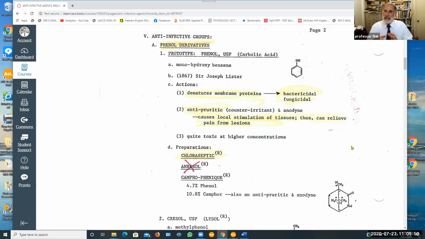An example of that is that it actually stimulates tissues so that the person becomes less aware of the actual underlying irritation. And in so doing, it also has an anodyne action. Anodyne means it has a soothing action. Let me give you an example of what I mean. If you put clove oil, we're going to get to this in a moment, but eugenol, clove oil tastes like cloves.